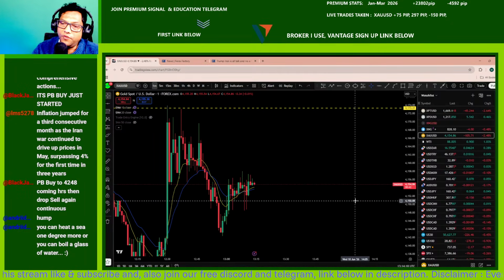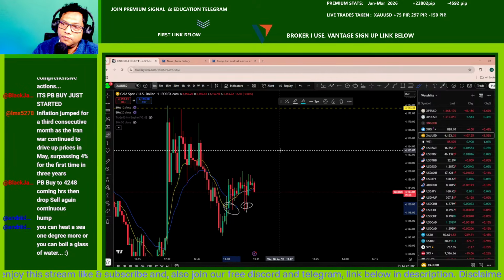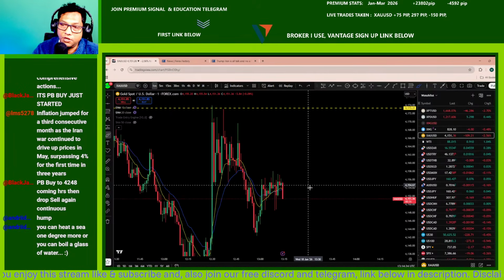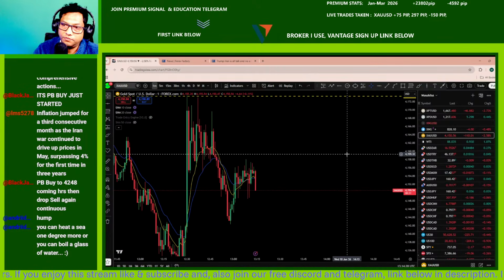So here, this is a pretty long wick candlestick pattern that you can see, and of that pattern, I'm looking forward to seeing the market react to that level.